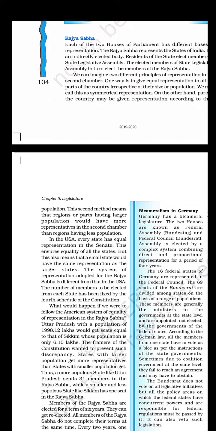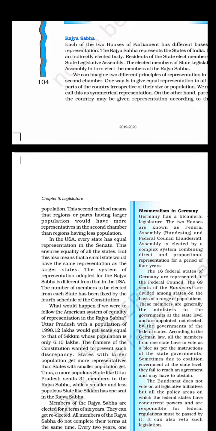If a state has more population, then the members of that state will be more. Okay, the members of Uttar Pradesh will be more than the members of Sikkim, because Uttar Pradesh is a populous state, clear, and Sikkim is not so populous.